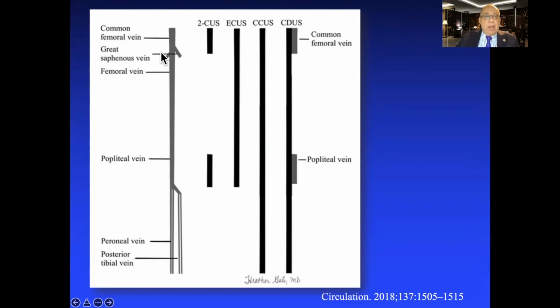Here the great or magna is better called the great saphenous vein, the femoral vein, popliteal vein, and here we have the confluences for the muscular veins, the peroneal veins and the posterior tibial vein. And here, that's the area that we can study with the protocol of 2 regions.